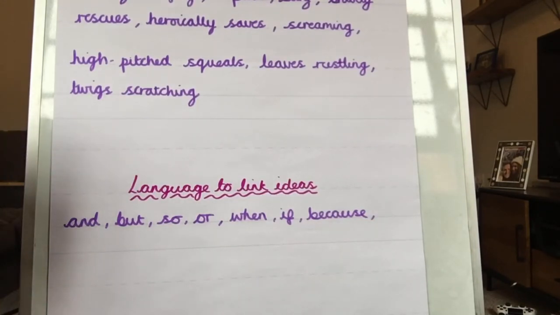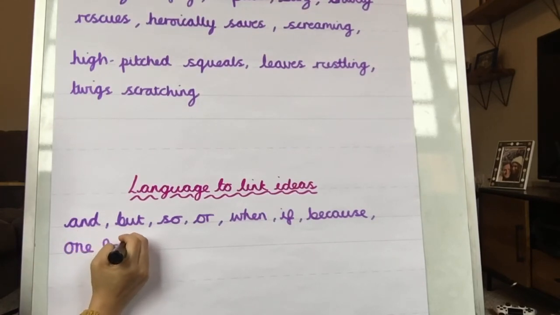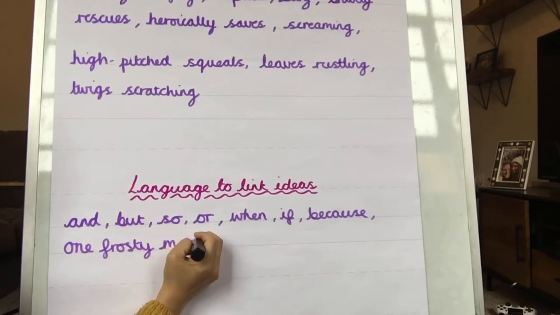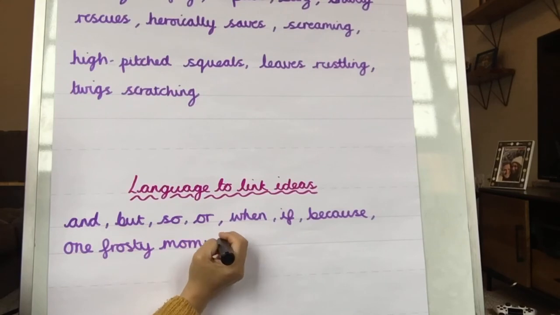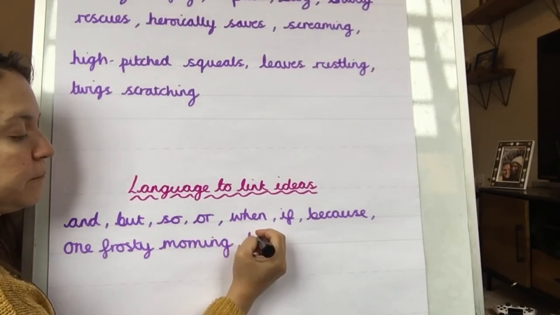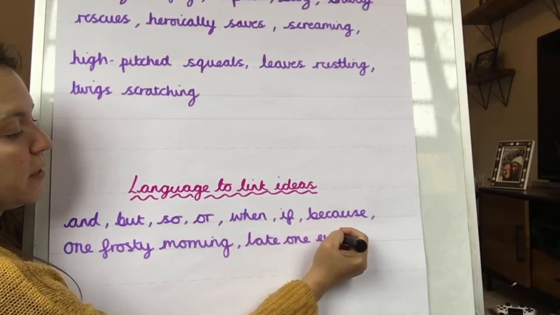And now some ideas for starting my sentences. So maybe this happens one frosty morning when it's cold outside. Maybe it happens late one evening. That's up to you. Late one evening.